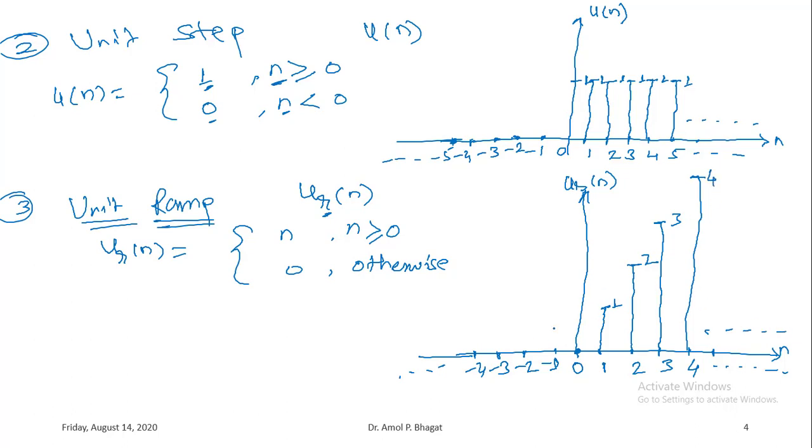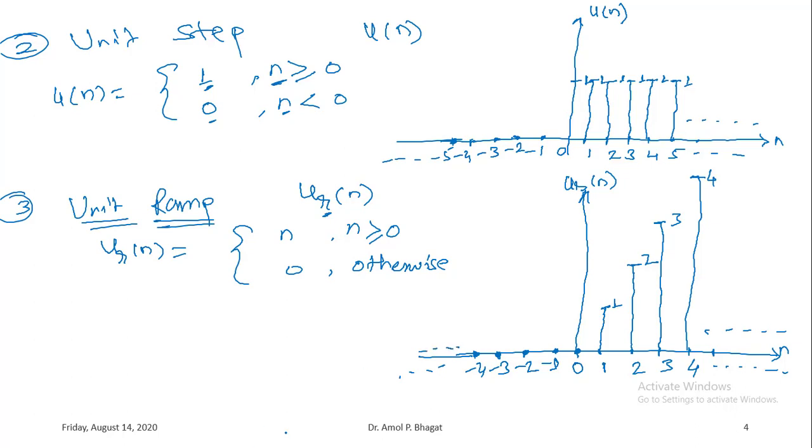The signal increases for positive values of n, and for negative values of n the signal value is 0. That means for -1 it is 0, for -2 it is 0, for -3 it is 0, for -4 it is 0, and so on.